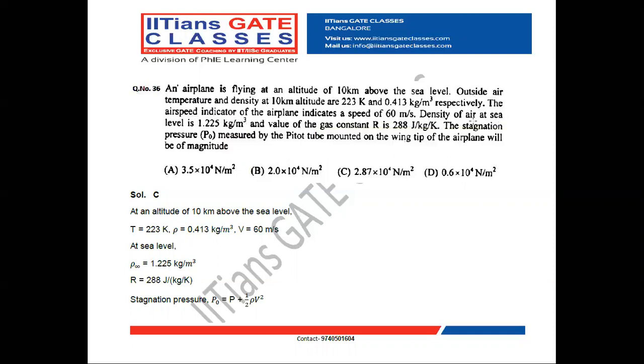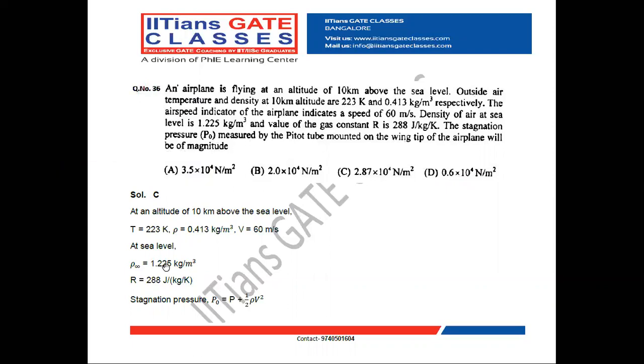Density of air at sea level is 1.225 kilogram per meter cube. The value of gas constant R is 288 joule per kilogram per Kelvin. The stagnation pressure measured by the pitot tube mounted on the wingtip of the airplane will be of magnitude. They asked us to find out the stagnation pressure.